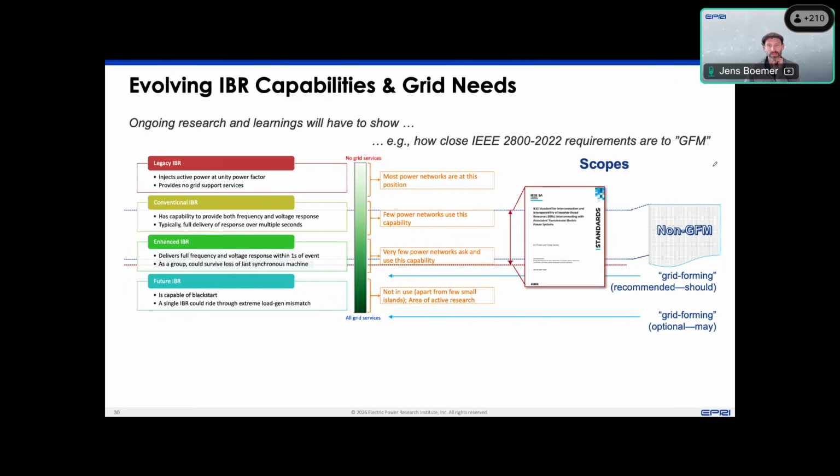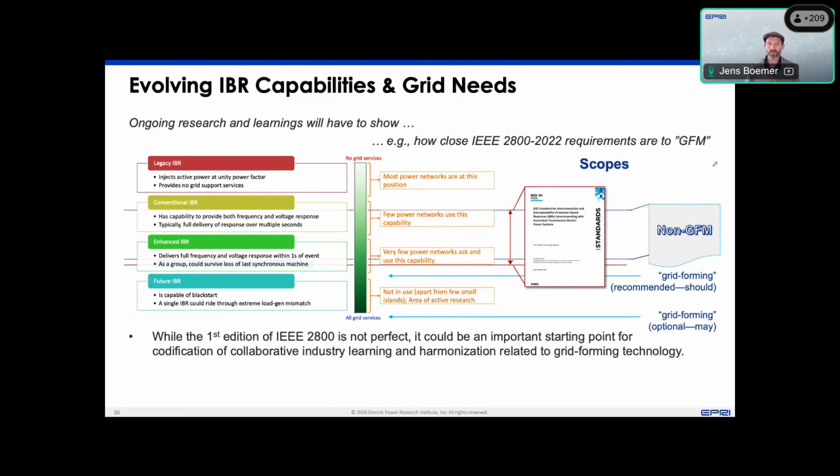So again, using a scope approach, if we put IEEE 2800 somewhere between conventional and enhanced IBRs, what we're looking for is how to improve this standard, but also how to develop a new project, specifically 2800.1 for grid forming requirements and recommendations.